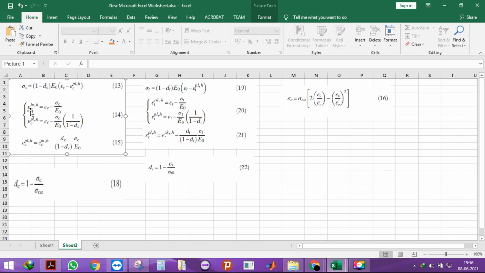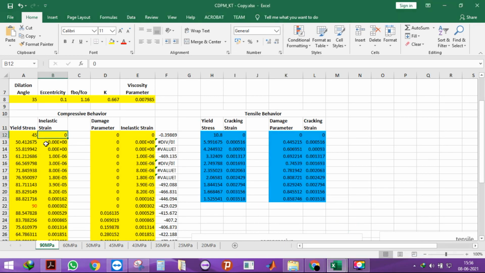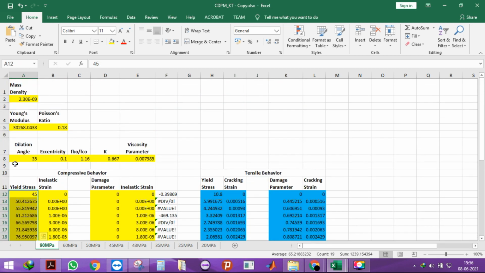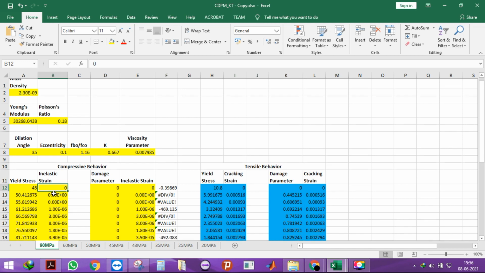And once it is done, the strains are calculated for corresponding stress. We assume these stresses, and for these stresses the corresponding strain is evaluated.